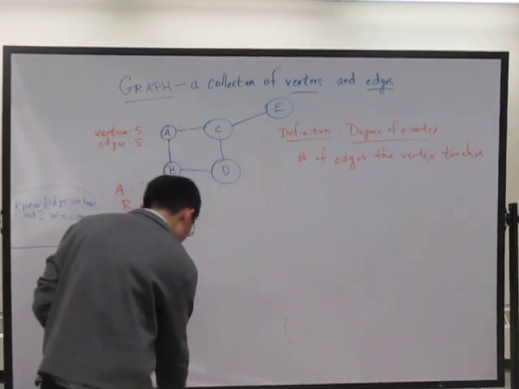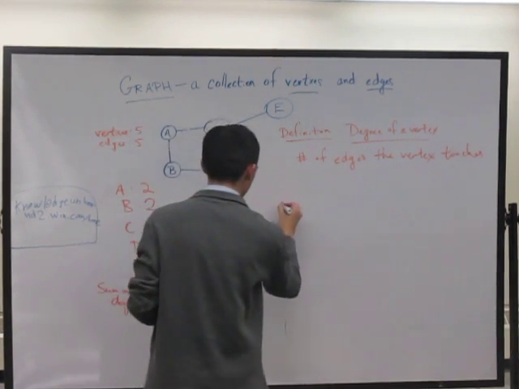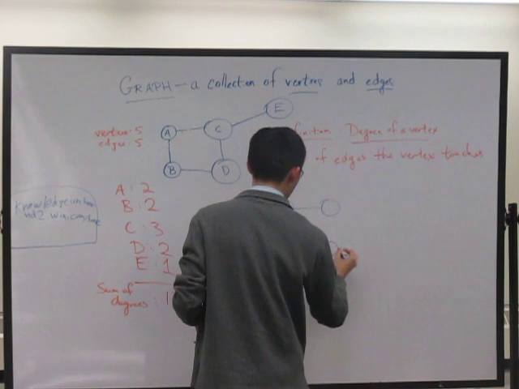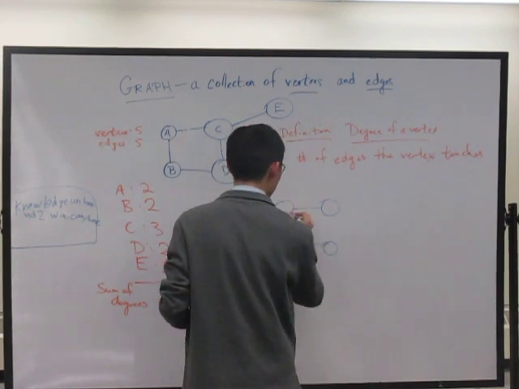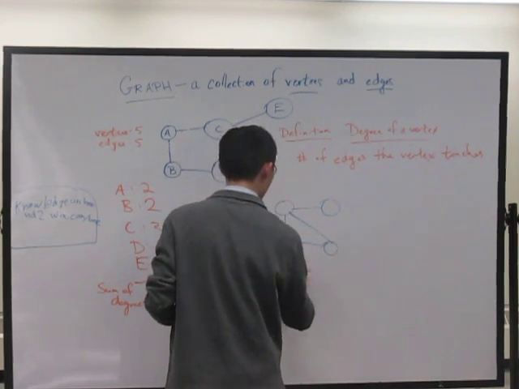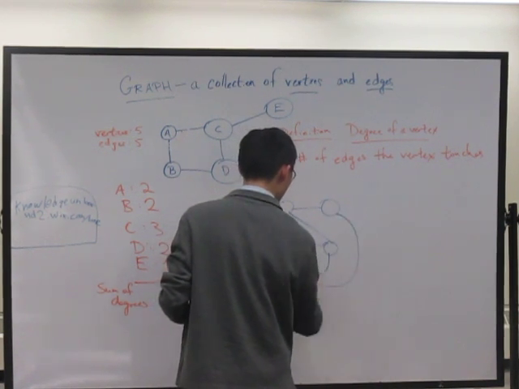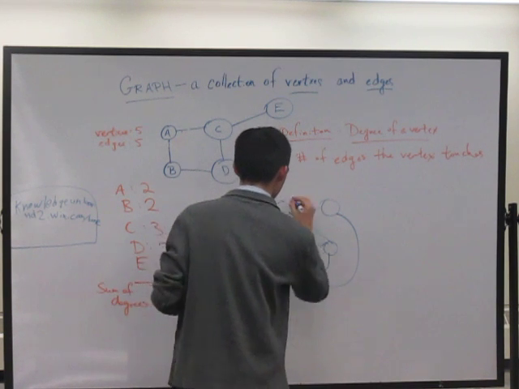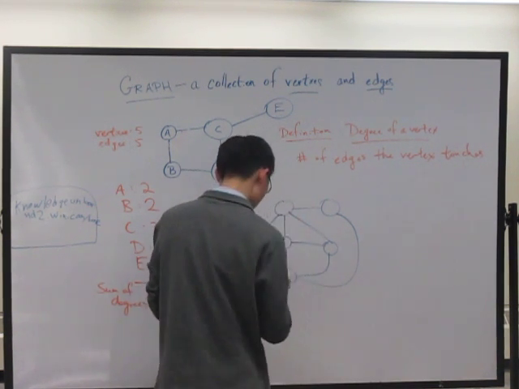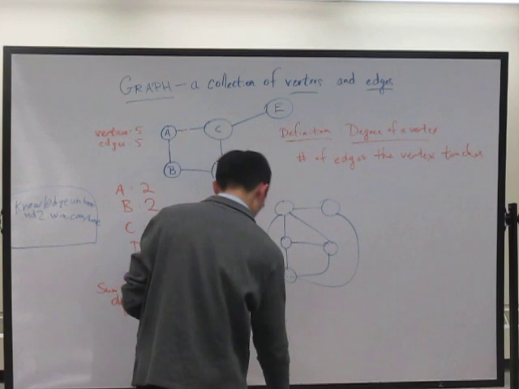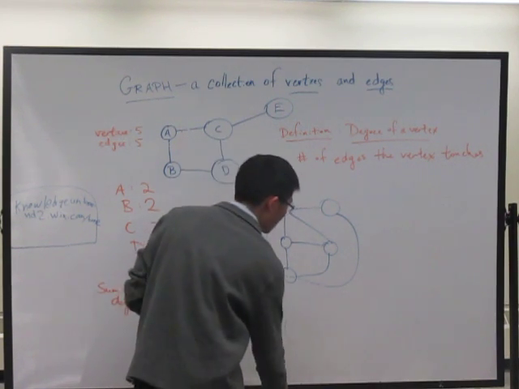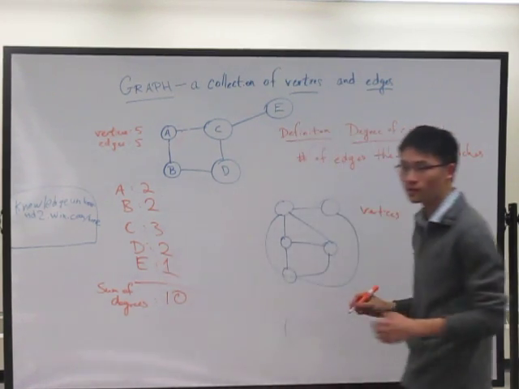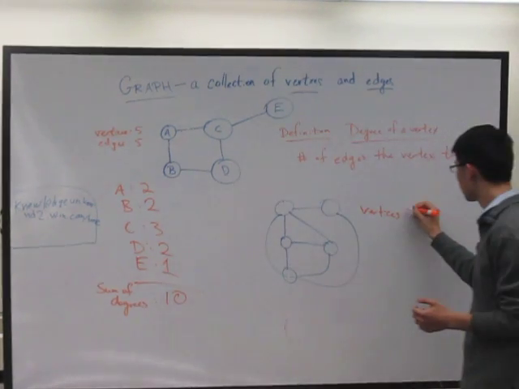Let's draw another one. So this is one graph. Let's put in another one, just for fun. Number of vertices? 5.